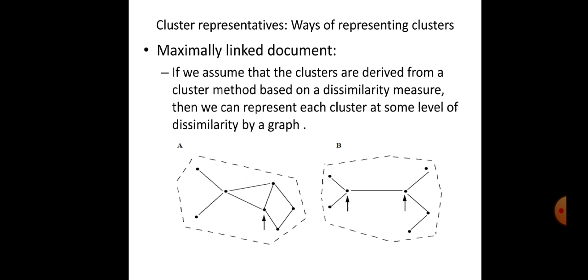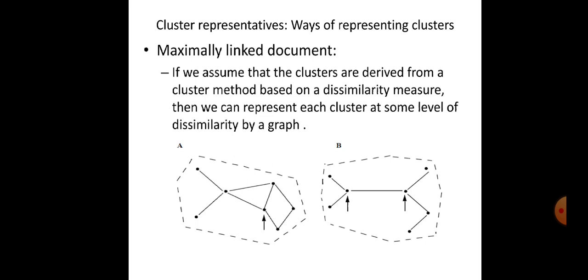If there is a similarity, we will be putting a line between these two nodes. In maximally linked documents, what we do is, we try to find those nodes which have the maximum links. Maximum links means it will summarize or characterize that entire cluster.